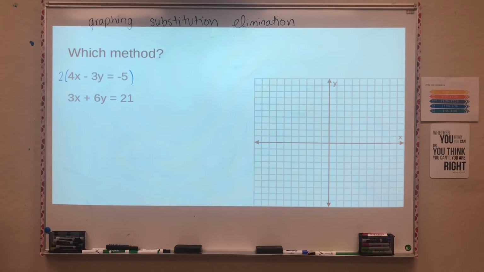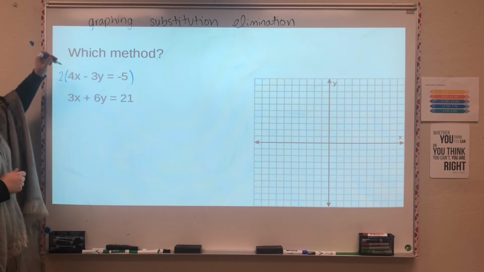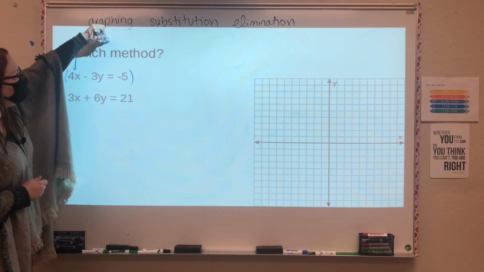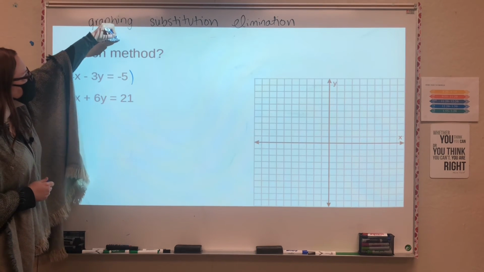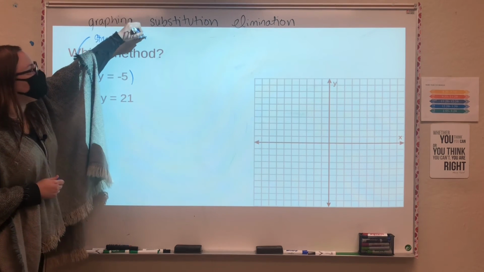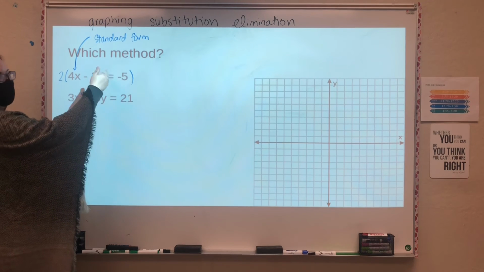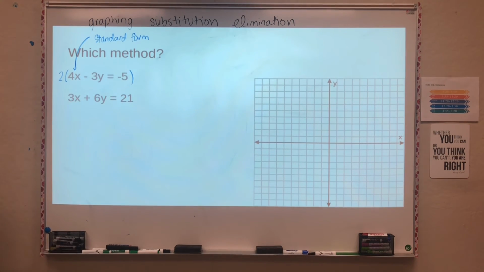By the way, we learned this back in Algebra 1A, but we don't talk about it often. This is called standard form. Often we talk about slope-intercept form, the y equals mx plus b. This is another form in math. We don't use this one nearly as often as slope-intercept form, but it does have a name. When you've got x, y equals a number, standard form.